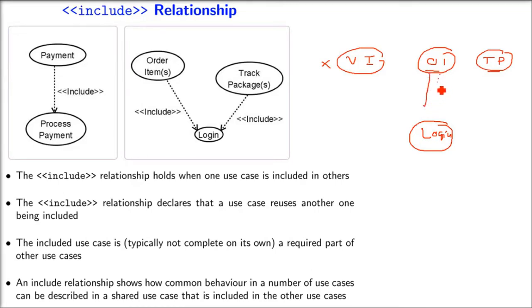So you will make a dotted line from order and from track to the login, and make an arrow. This is the line showing the include relationship. You will take two angle brackets and put include here. That is, you cannot avoid login if you want to order or track. That is the main thing you have to keep in mind.